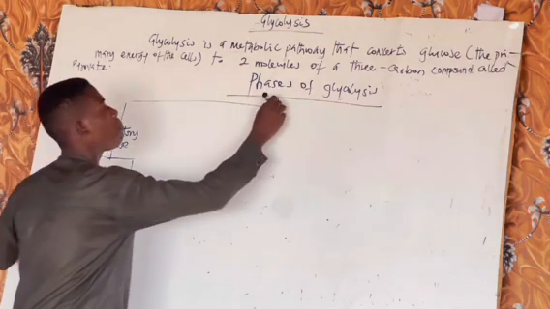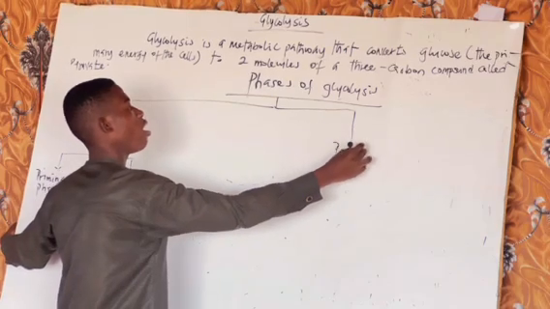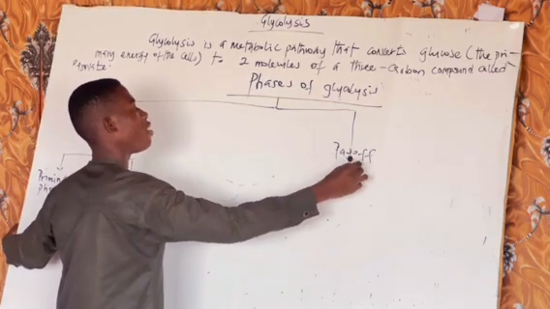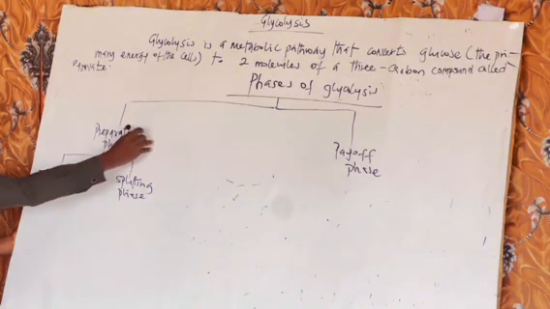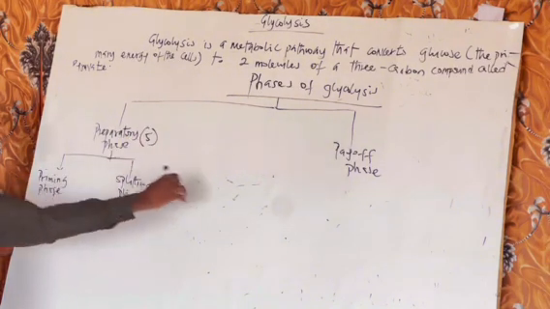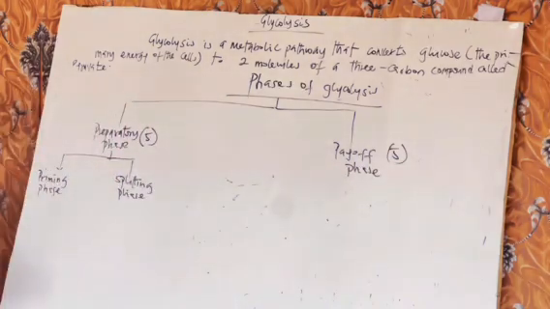We also have the payoff phase. We have 5 steps here, and these 5 steps, making it 10 steps. So why is it called the priming phase?